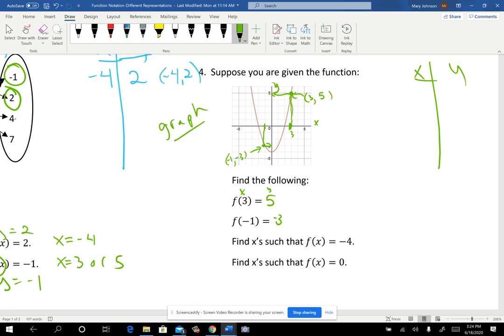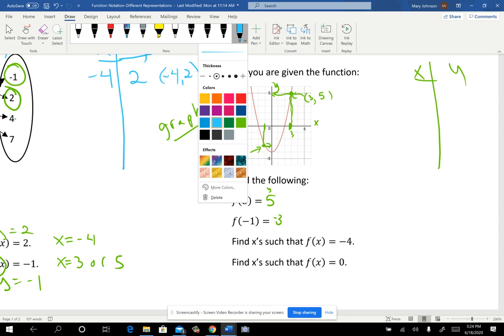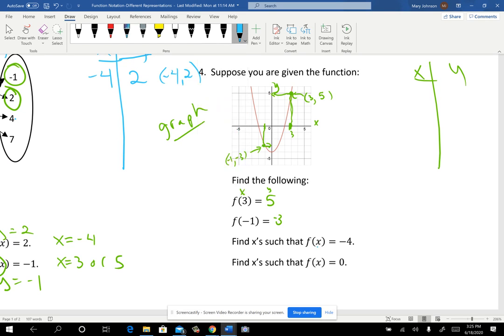And then what happens if I give you y values? What happens if I want to know the x's that make f of x, this is really y, equal to -4? If I ask that question, you should be looking for where are the y values -4, and that would be somewhere on this line.